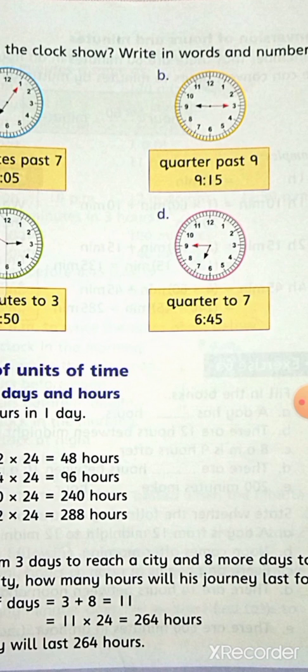It means quarter to 7. Or if you count from 12, how many intervals? 1, 2, 3, 4, 5, 6, 7, 8, 9. 9 fives are 45. So time passed is 6:45 and we are near to 7. Near to 7 means 15 minutes are left. So quarter to 7.